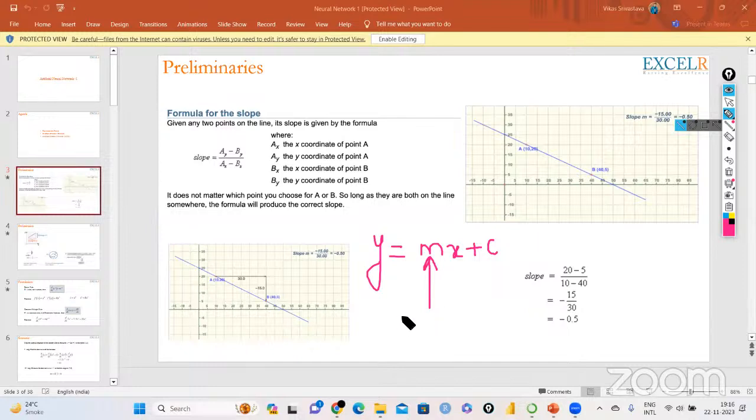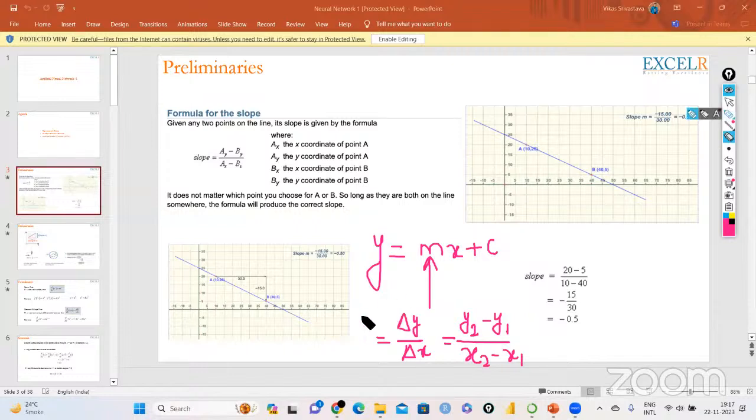It is calculated as del y by del x, which is nothing but (y2 - y1) upon (x2 - x1). You can also write this slope in terms of differential notation, like dy by dx, right?